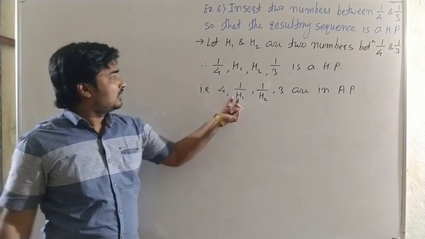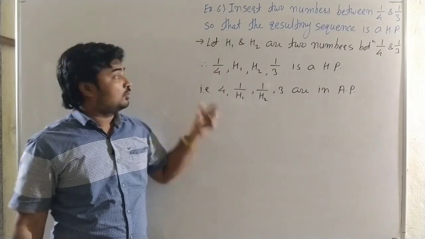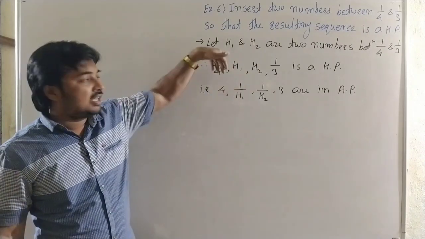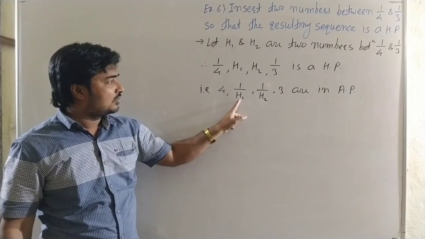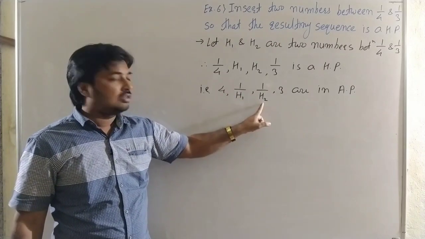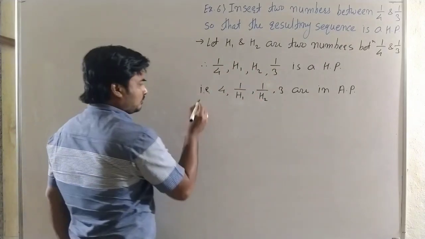Okay, here in the harmonic progression we take the two numbers h1 and h2, but the reciprocals are in an arithmetic progression. That means it has a first term, second term, third term and fourth term.